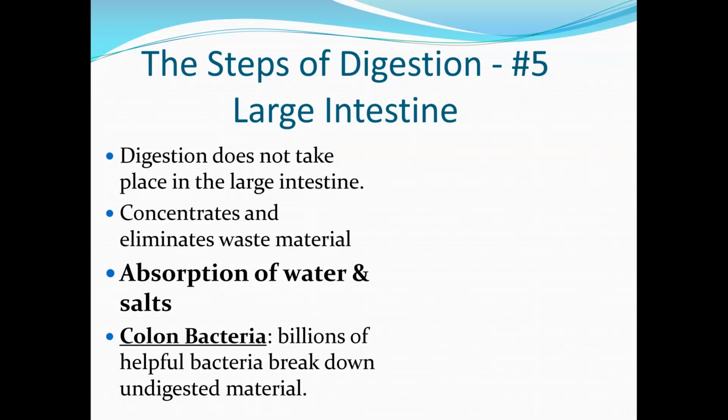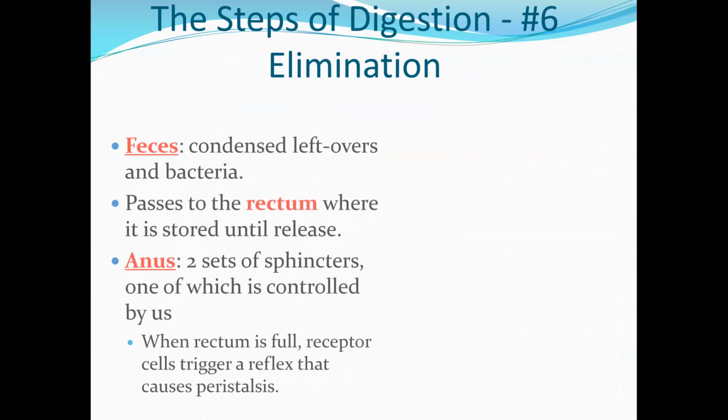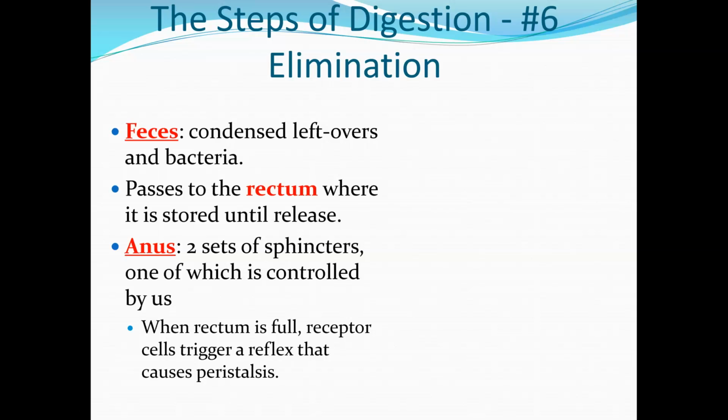The colon is another word for the large intestine, and the bacteria are very beneficial for breaking down this undigested material. And finally, there's elimination. At the end of the large intestine, there's feces, basically, which is the condensed leftovers of the food that we consumed, and bacteria.